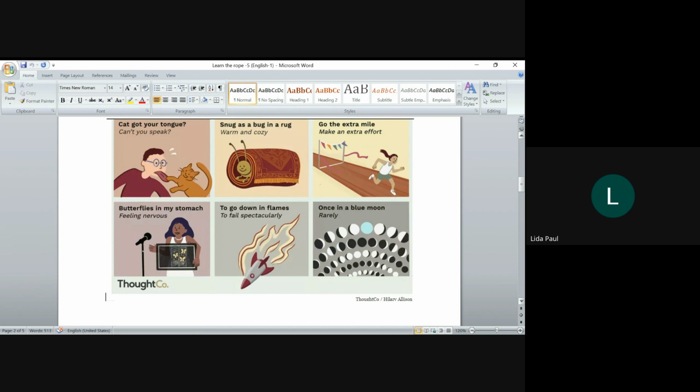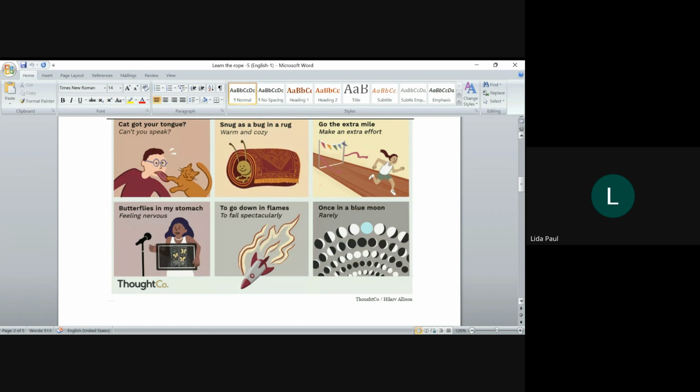Now I spoke of this while we were talking about phrasal verbs also. Some phrasal verbs, you can guess the meaning from the words that are used in the combination, extended meaning. So similarly, in the case of idioms and phrases also, some of them you can guess the meaning from the words that are used, but not all. Okay, snug as a bug in a rug.